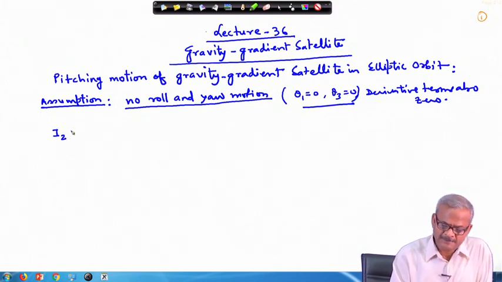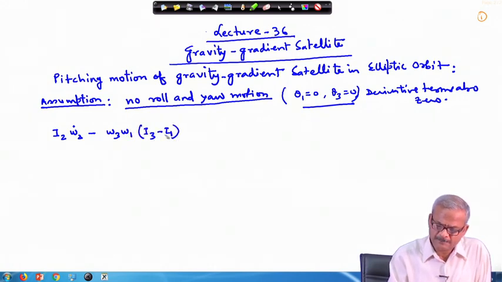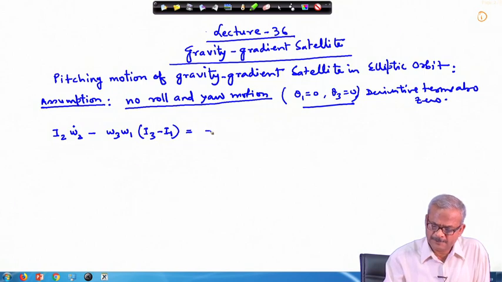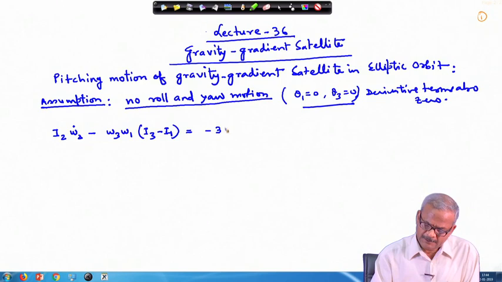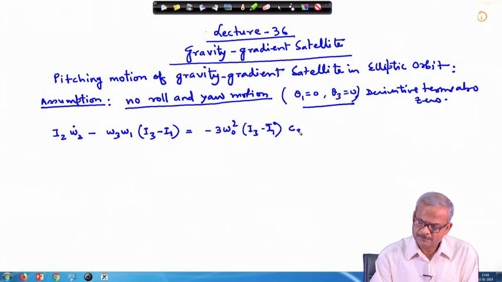So, we are just concerned with the pitch motion dynamics, and we know that for the motion about the second axis, we can write I 2 times omega 2 dot minus omega 3 times omega 1 times (I 3 minus I 1), and on the right hand side we have 3 omega 0 square, and the other terms (I 3 minus I 1) C 3 C 1.